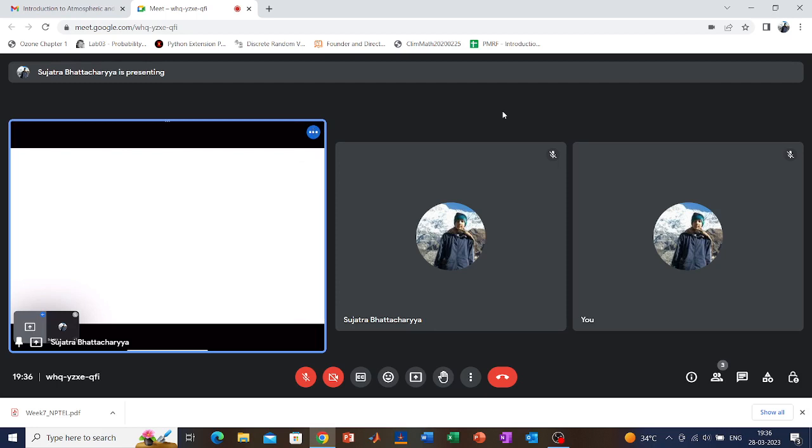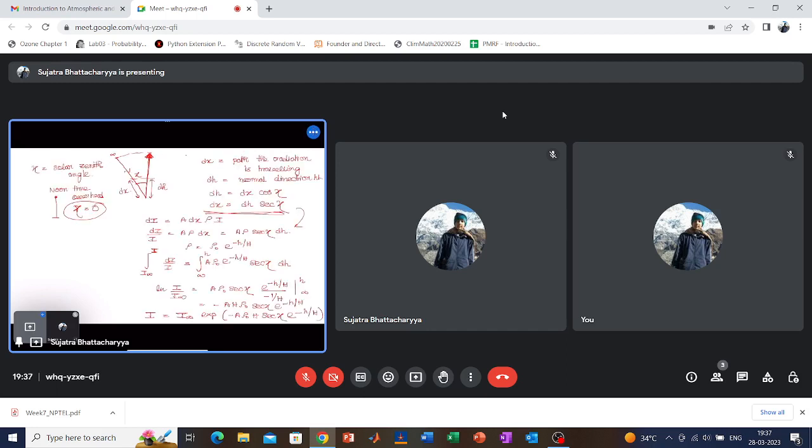Now this production rate depends on chi, the solar zenith angle. Of course you can see from here that as the solar radiation falls at a particular zenith angle, it travels through many more layers.